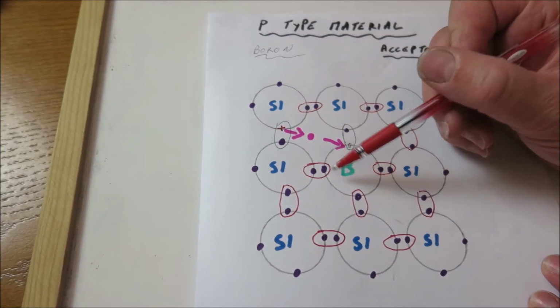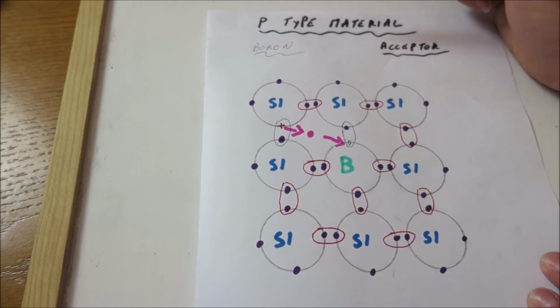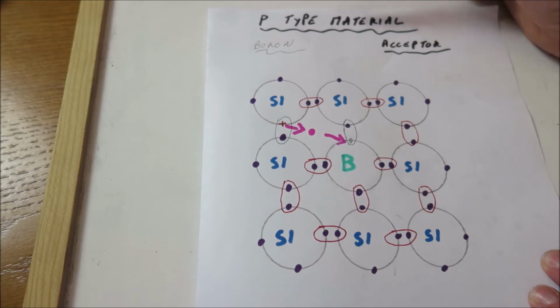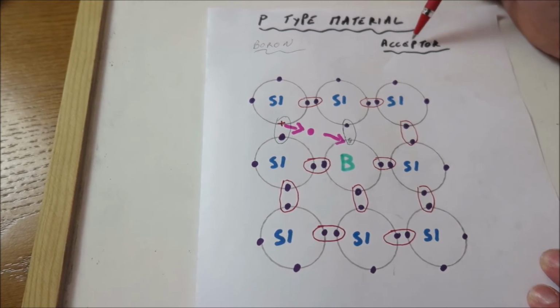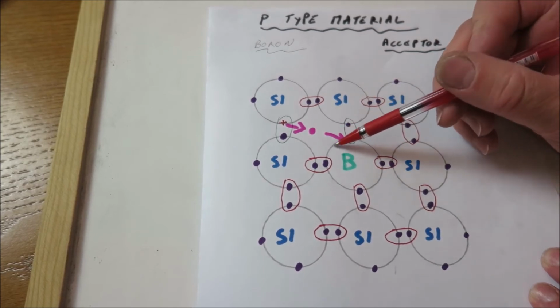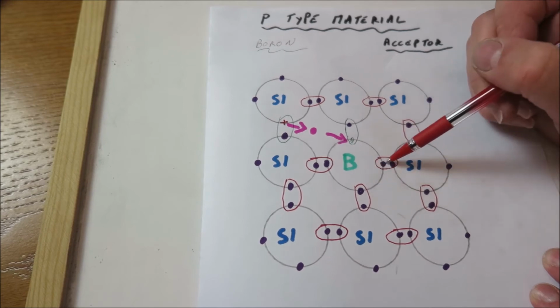If we look at the P-type material, the trivalent material here is going to be boron. Boron is another material that's used for doping silicon to make these semiconductors. The P-type material, as we've said, is an acceptor material. So we can see now that the boron atom has got 3 electrons in its outside shell.